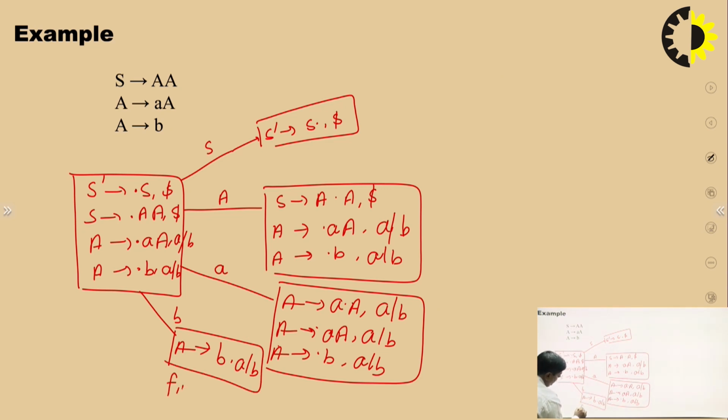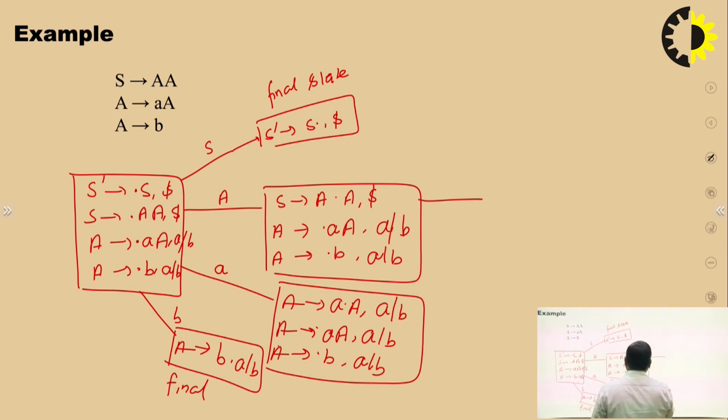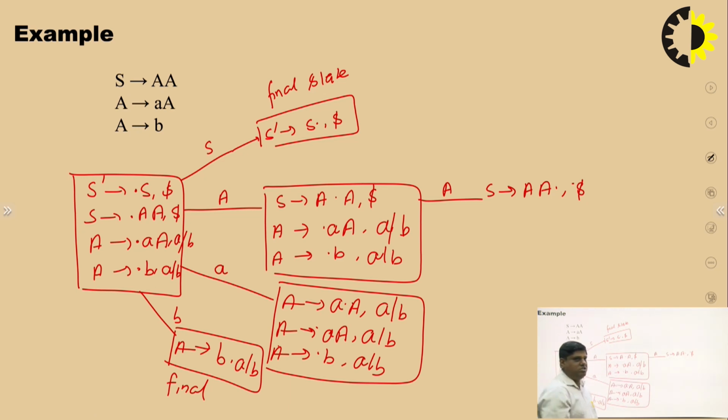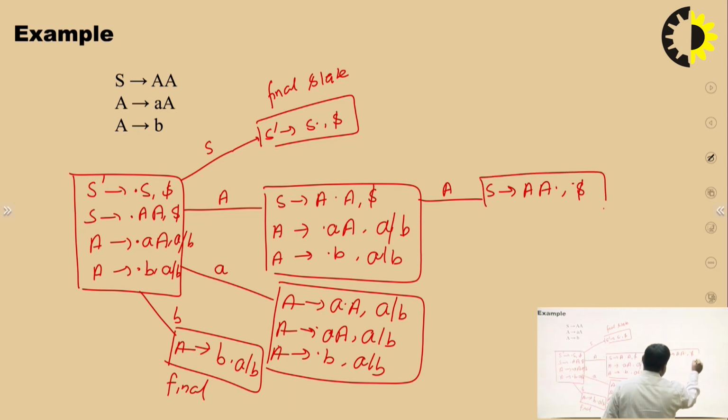This is your final state. We need to further explore this one and this one. What is the next step? S tends to A A dot, and the look ahead symbol is dollar. Now this is your final state. No problem.